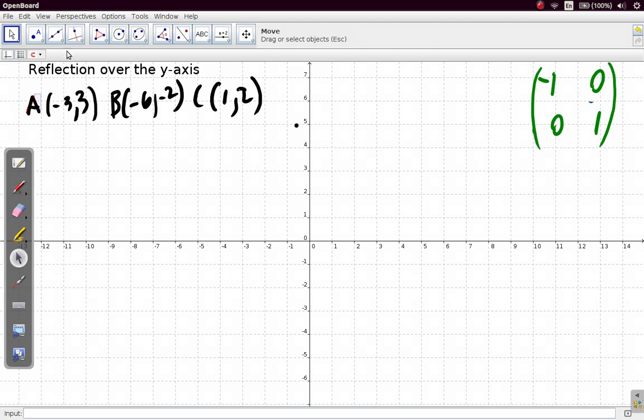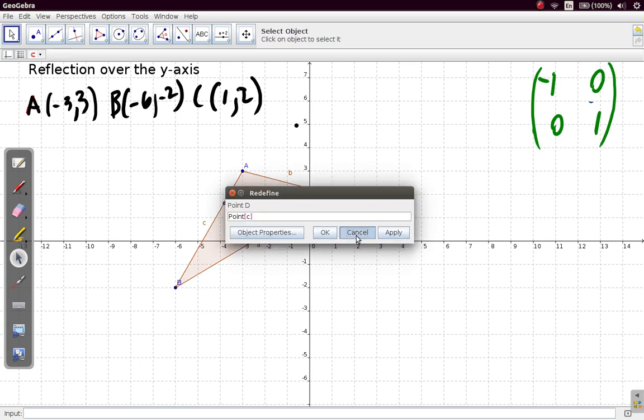So let's draw that triangle. We have negative 3, 3, which is right here. Okay. Negative 6, negative 2. And we have 1, 2. So we close the triangle.